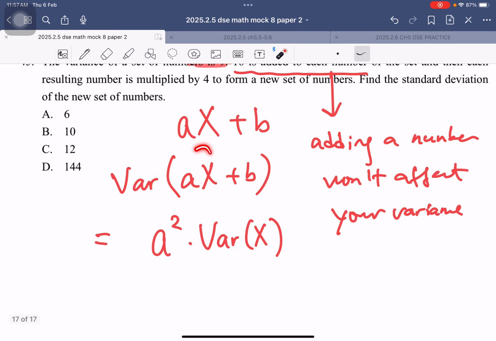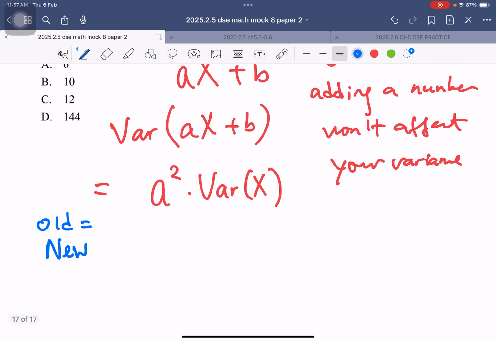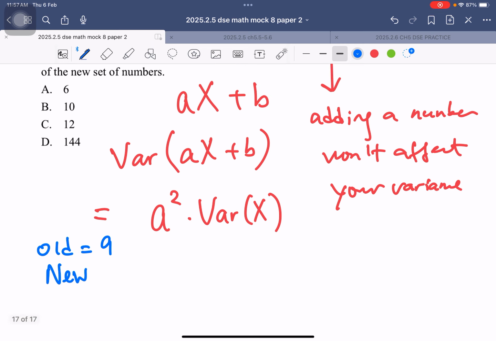After you multiply by a number, the variance is multiplied by that number squared. So the old variance is equal to 9. Just remember it, I don't want to explain, there's no time and you won't understand anyway. Just remember, when you times the number A, the variance will be times that number squared.